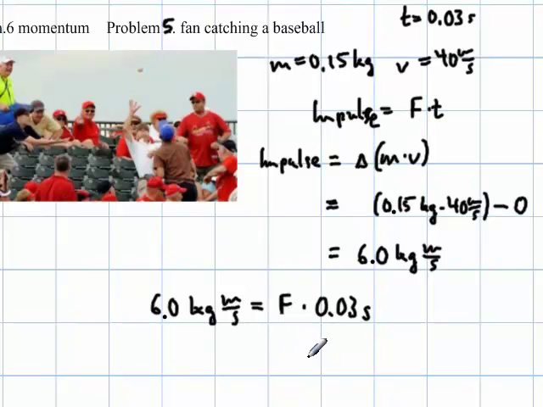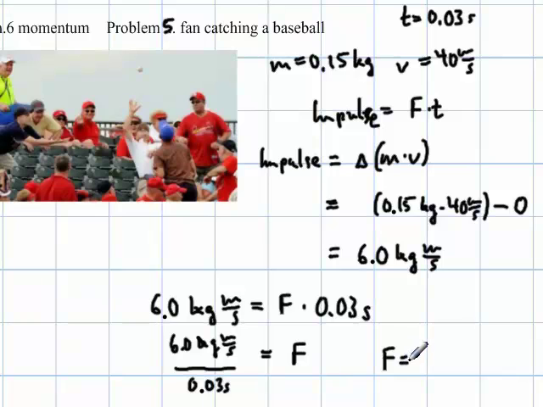I would have force equals 6.0 kilograms meters per second divided by 0.03 seconds, and therefore I come up with 6 divided by 0.03.